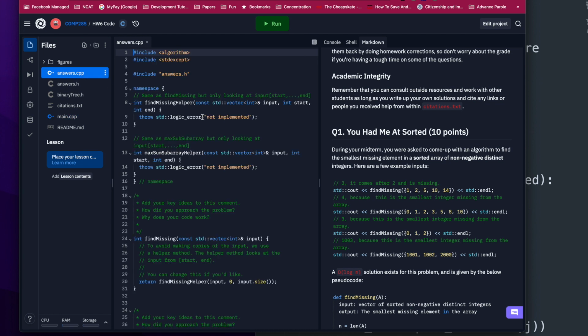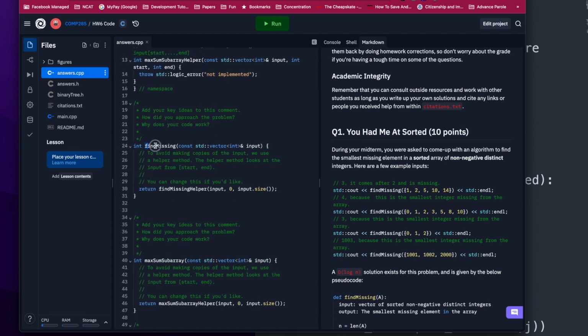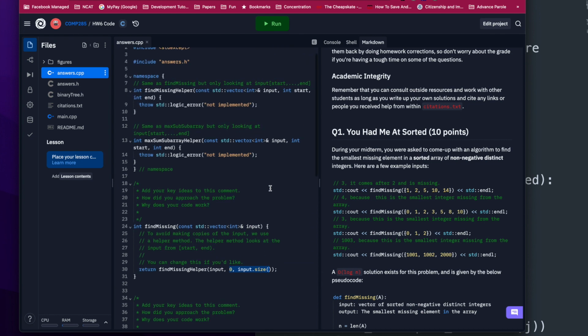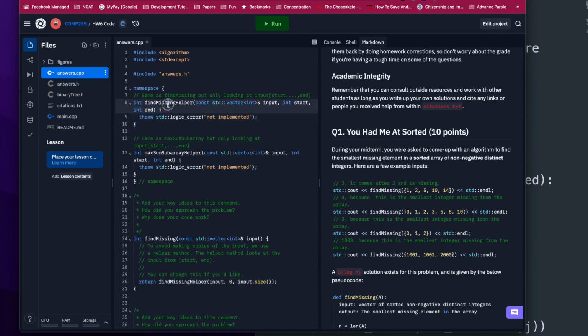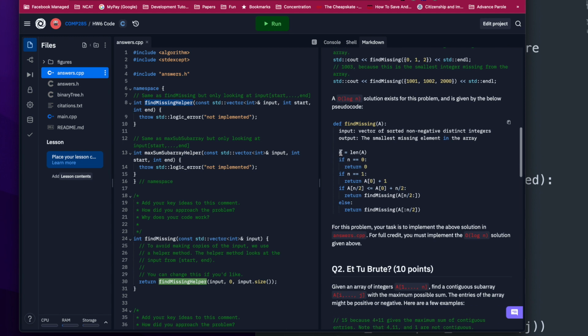Basically what this is asking you to do is to go to find missing, and I actually give you a helper function so that you don't have to copy your input around that has the start and the end points. So you're actually going to implement this function here. And something to keep in mind with the pseudocode, again, because you're doing the input with start and end, then your length, you're not going to take the size of A, right?